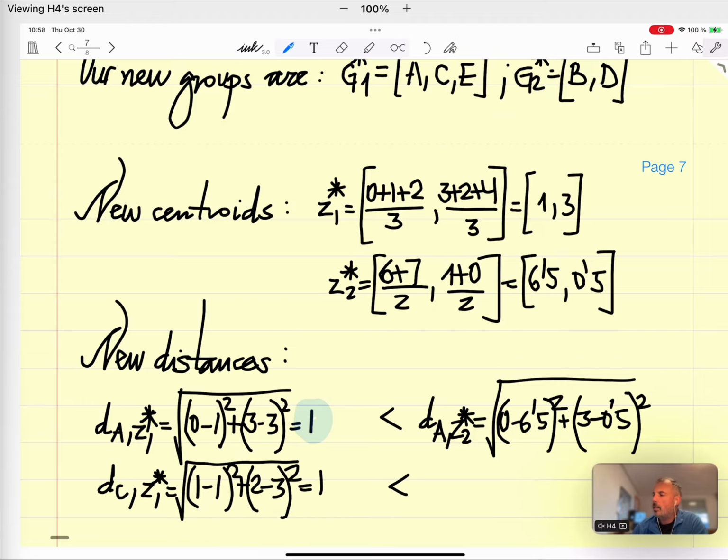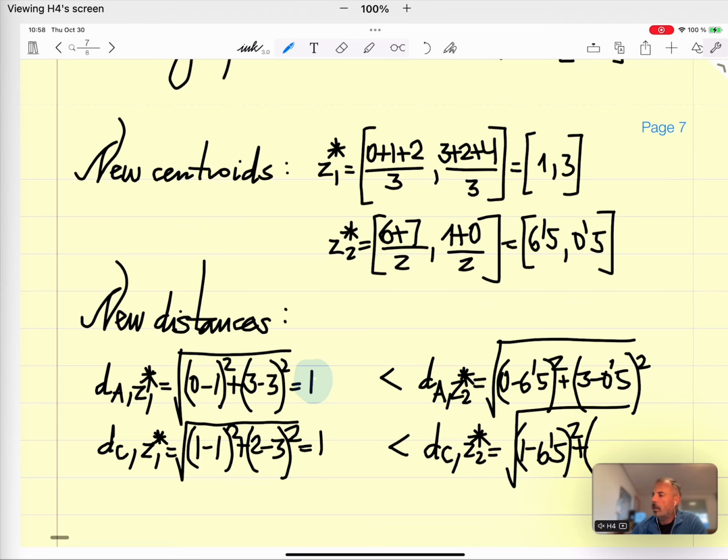This is going to be smaller than the distance to the second centroid, (1 minus 6.5) squared plus (2 minus 0.5) squared. Okay, so again, we are on the right side, on the sunny side, and then the last point will be again smaller.